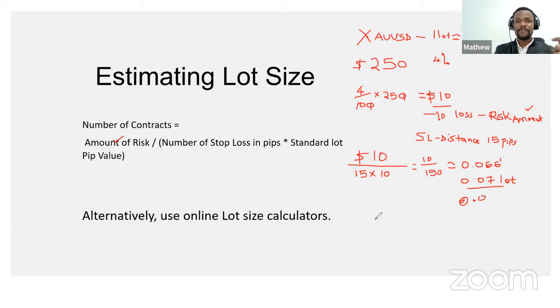So this is the first step of estimating the maximum lot size which you can enter with the risk that you're planning to use in the market. So in this case, with a $250 account, I can enter a maximum of, let's say, 0.06 lots.